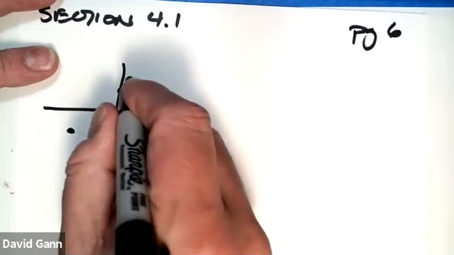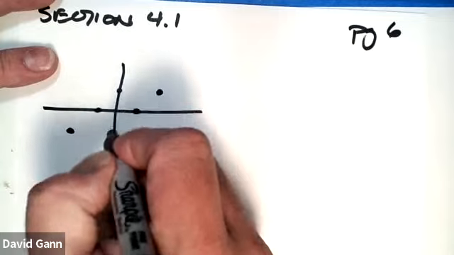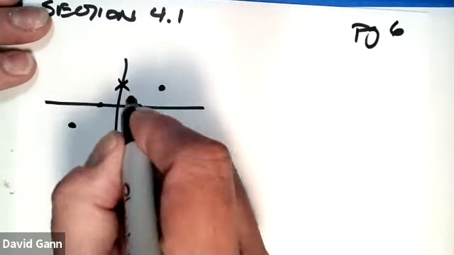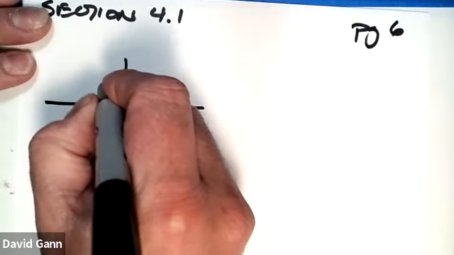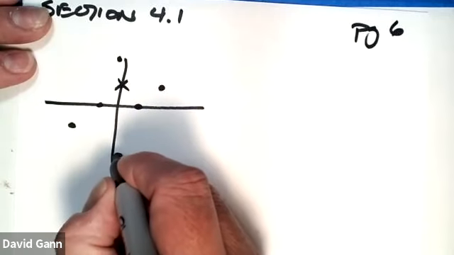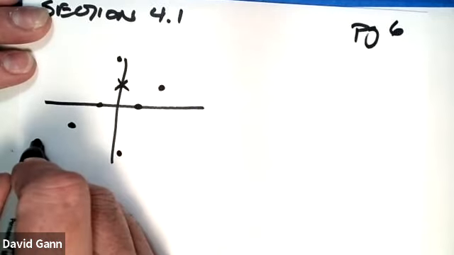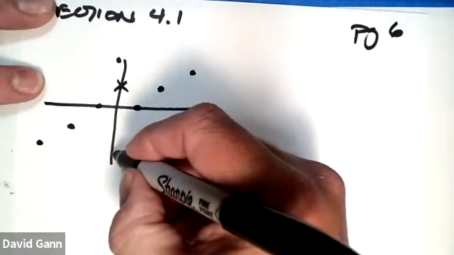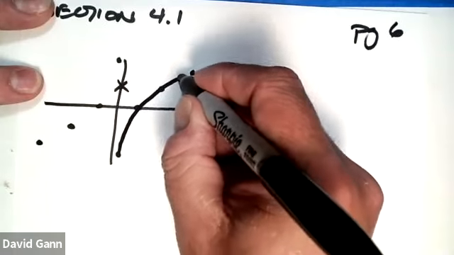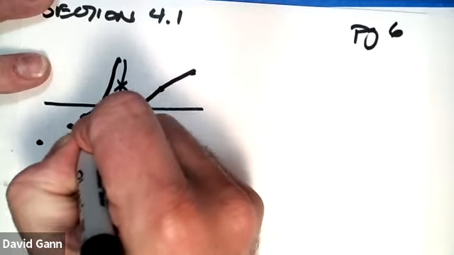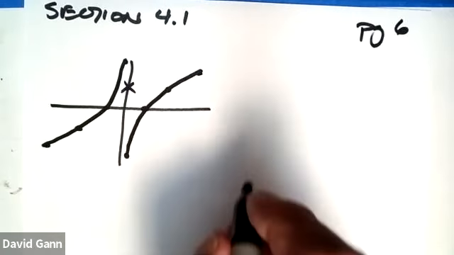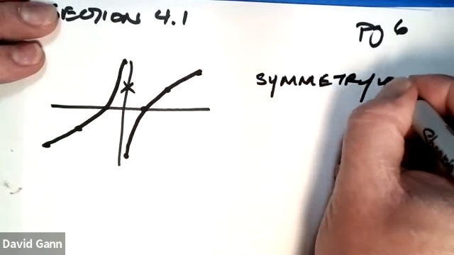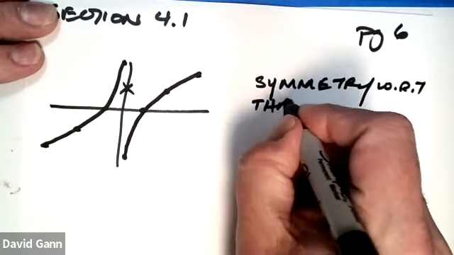Let's say we have one here, then there'll be a corresponding one down here. Maybe if we go a little further to the left and right. And if I connect the dots here, this is what we call symmetry with respect to the origin.